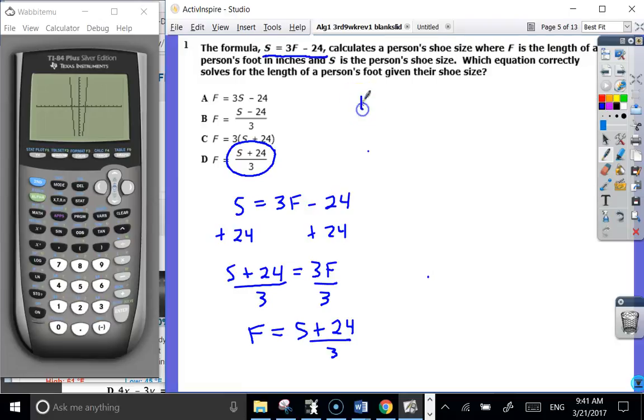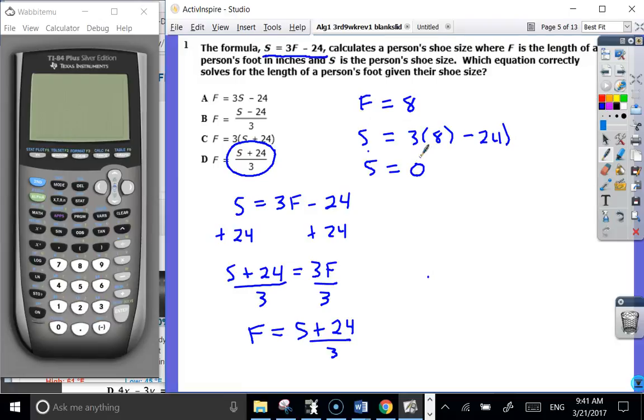Let's say f equals 8. Then in this problem right here, what does that make f equal? 3 times 8 minus 24. F equals 24 minus 24, which is 0. So now go into these and plug in f equals 0 and see which one you get 8 for f. If I plug in a 0 here, what does f equal?